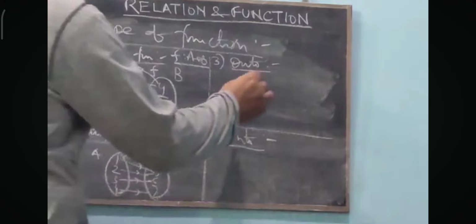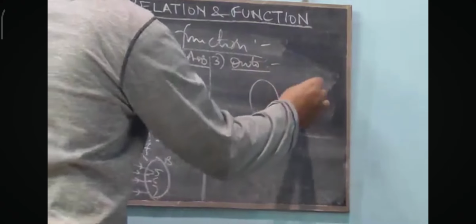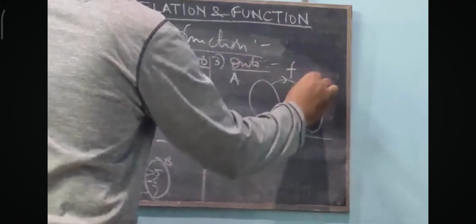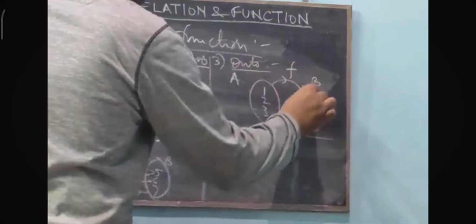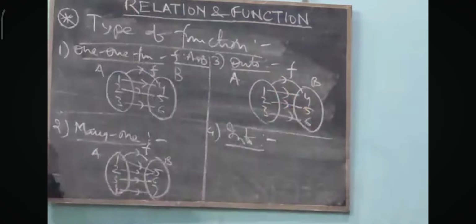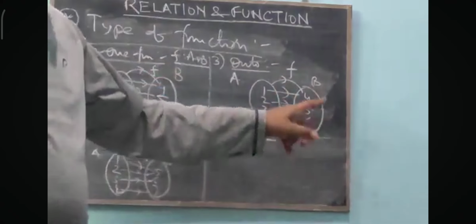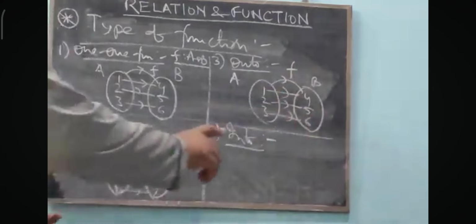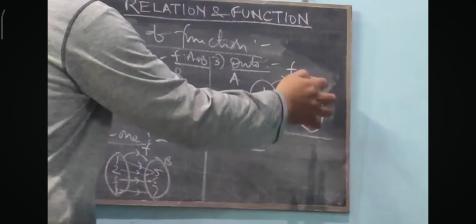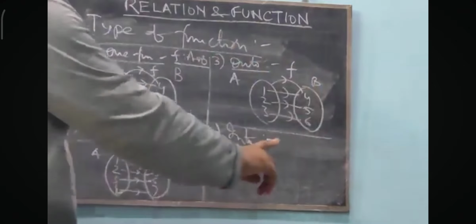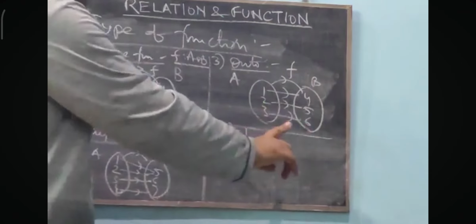Now we come to onto part. Always remember students, onto part we will verify from the right side, the codomain part. All elements of the codomain must be images of elements of domain. इसके अंदर कोई element that should not be left, छूटना नहीं चाहिए.